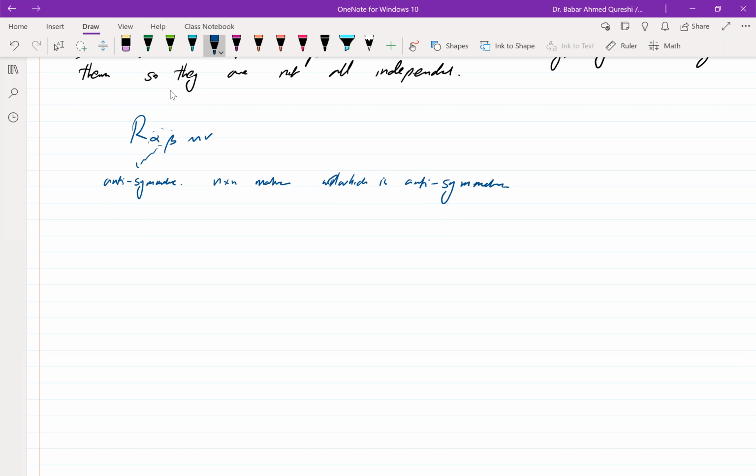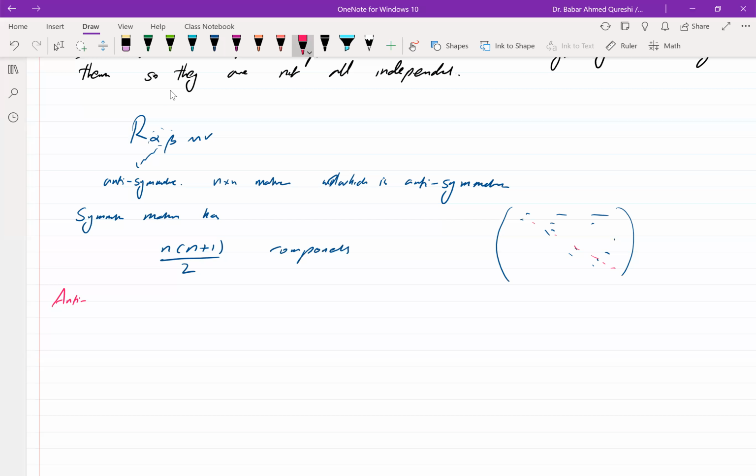Well, we counted last time that a symmetric matrix has n into n plus 1 over 2 components. Now, for the antisymmetric, what happens is you remove the diagonal.